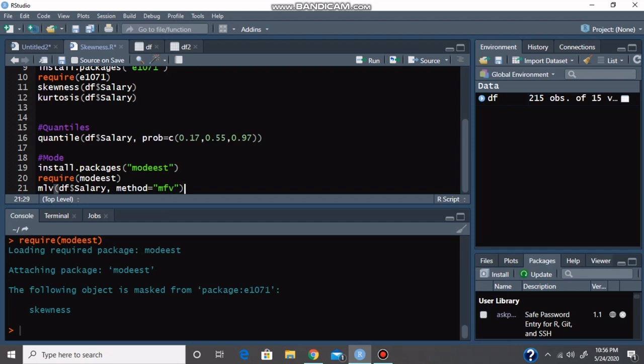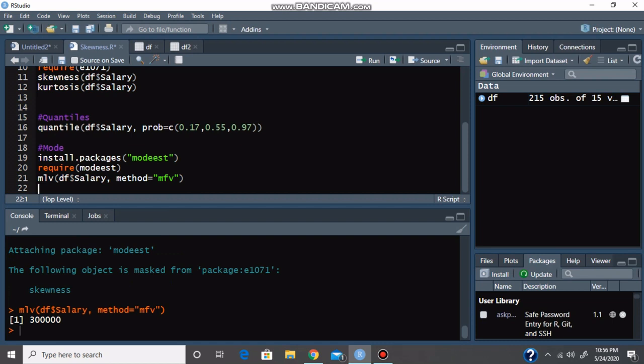So this is how I'll be calculating the mode, and when I run this, you can see that I have a value 3 lakh. The value 3 lakh here means that this is the value that appears most frequently in the data set.